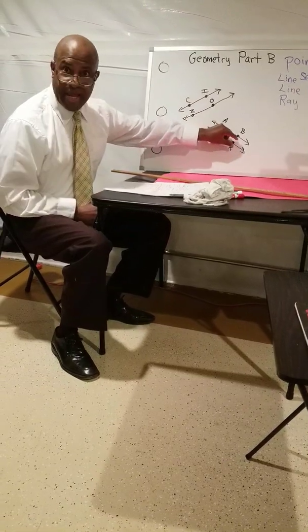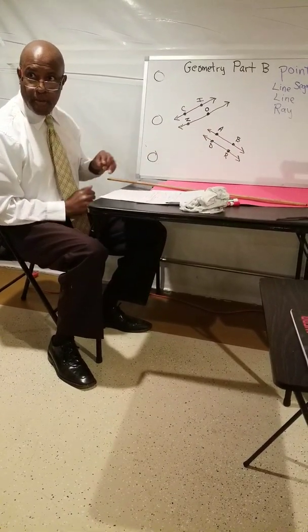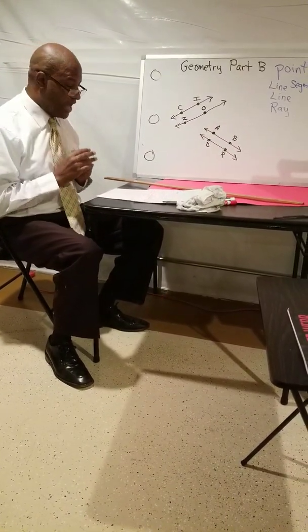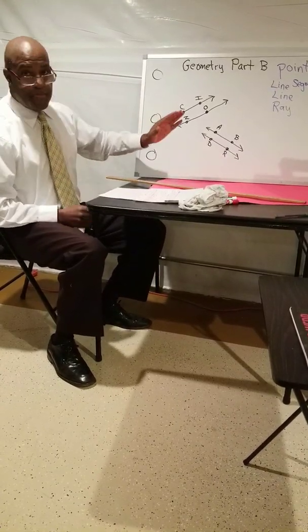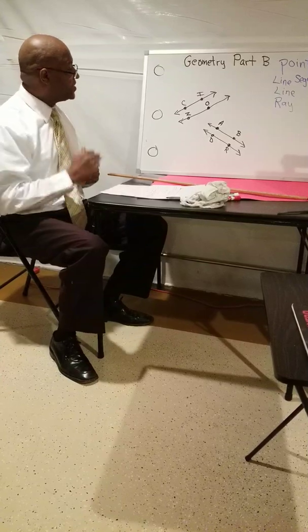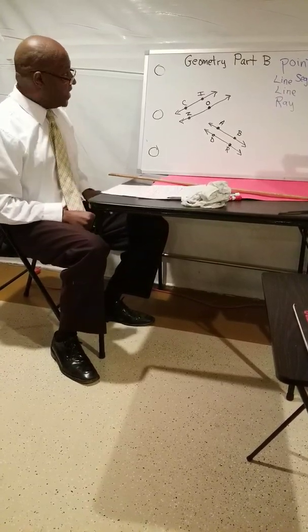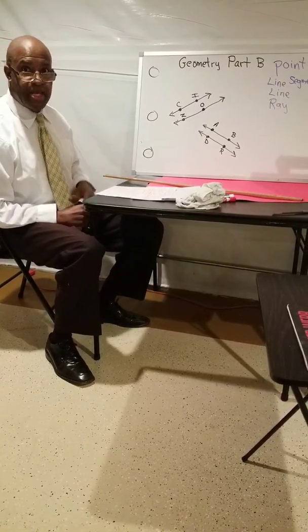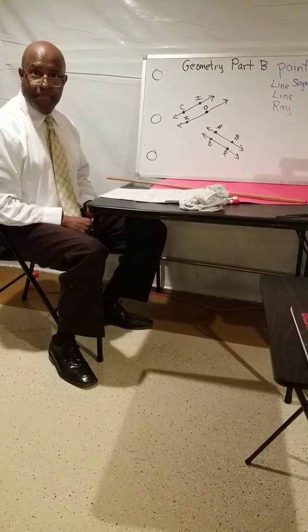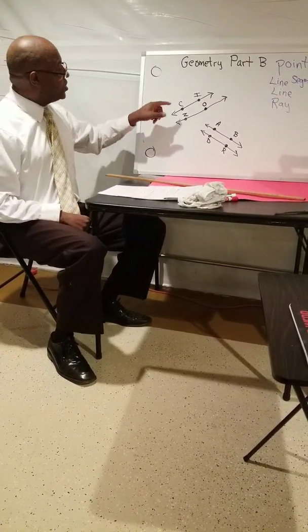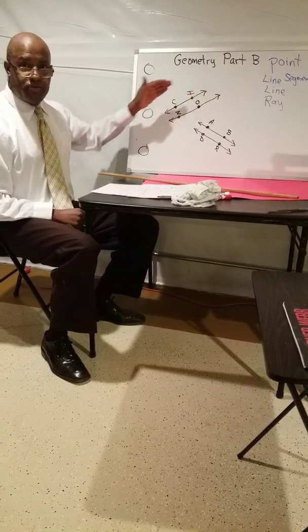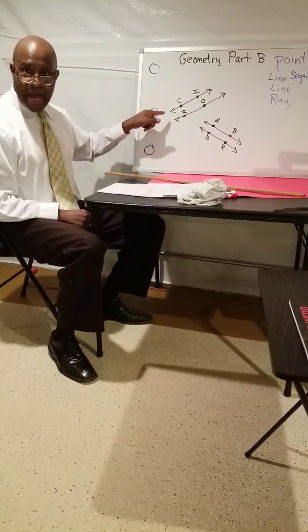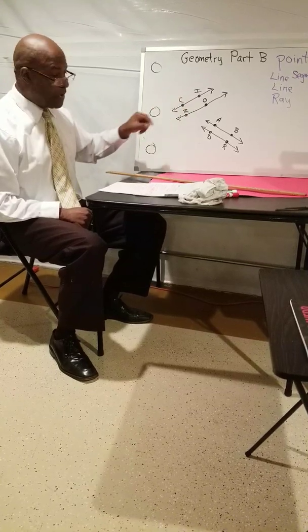There's a reason why I specifically say that the distances are the same apart, moving from one side to the other. Now that takes us to another vocabulary word. We have 2 lines that are going in both directions, noted by the arrows, and they're spaced evenly apart.